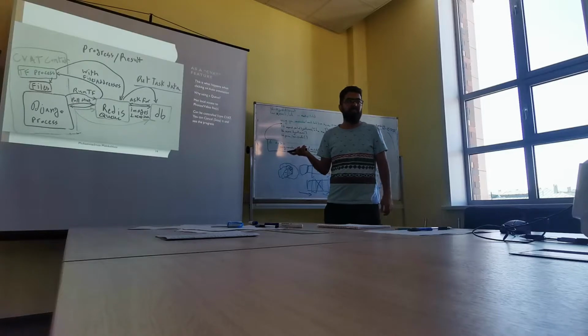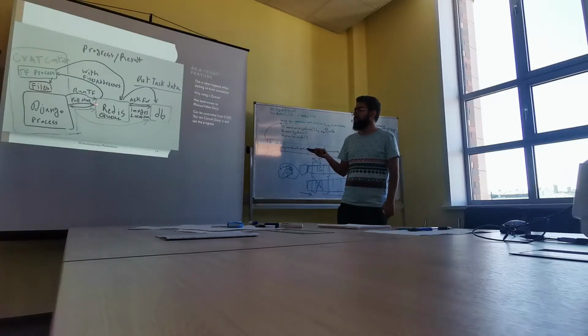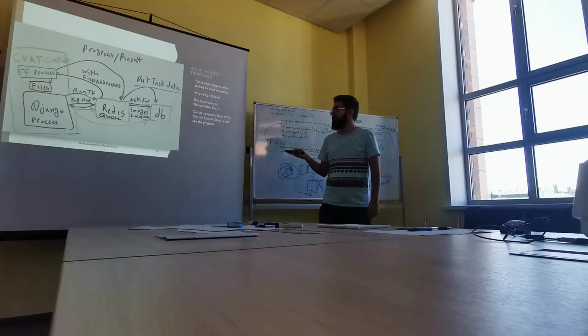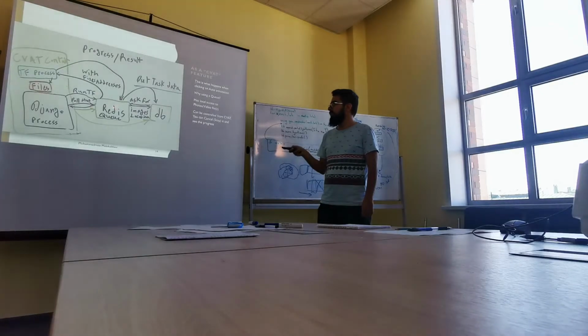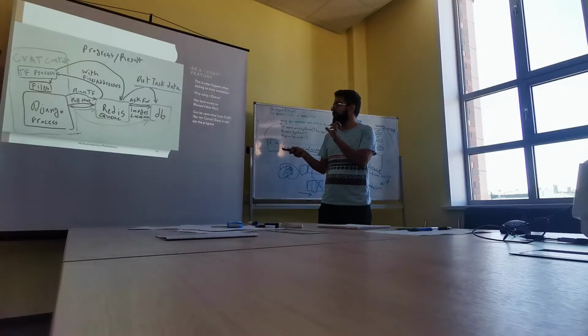Redis is a key-value database stored in RAM. It's not persistent. It updates the process status, say 5% of the process is done, and Django also polls Redis periodically and asks if it's done or about its progress.